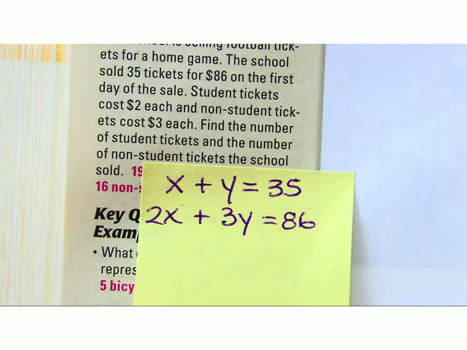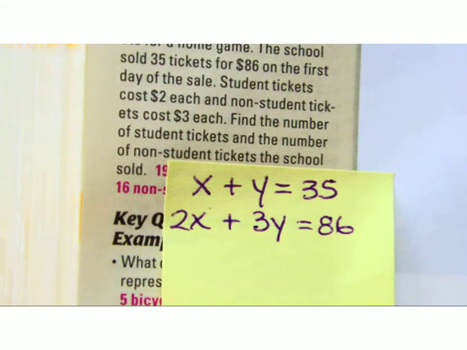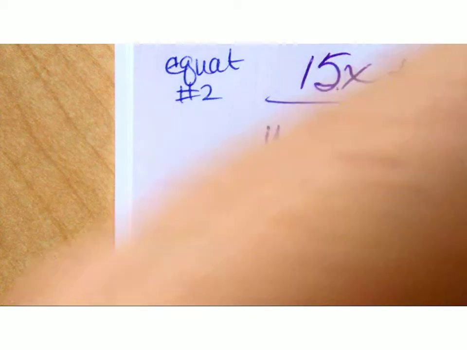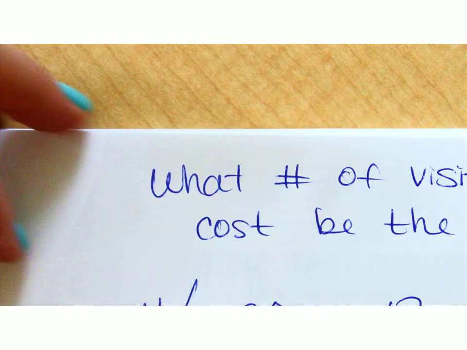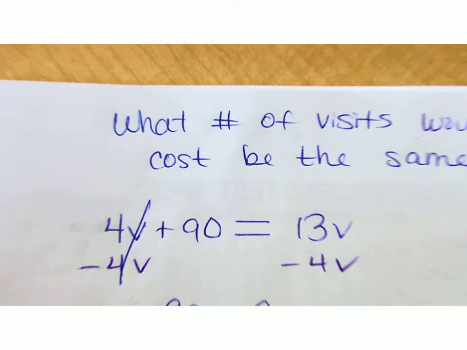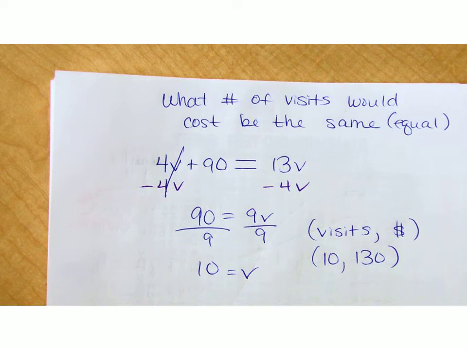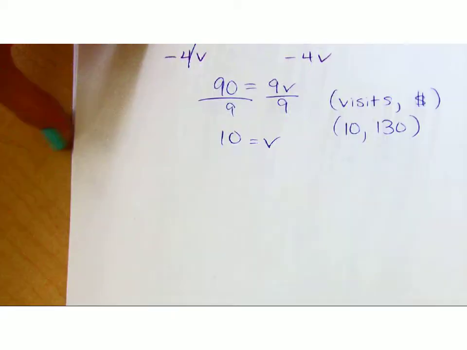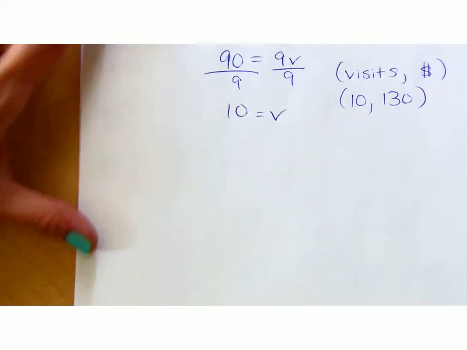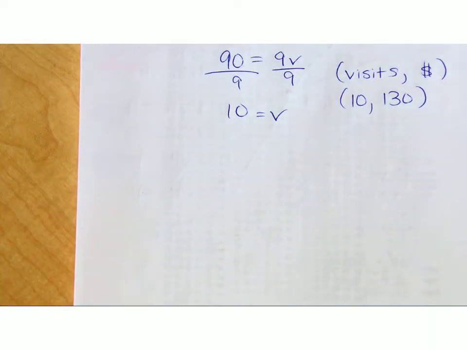All right, I realize I forgot to show you one thing in application problem number 1. So I want you to go back to this part. Sorry, where it says what number of visits would they equal the same? So 10 visits would equal, right? So sorry, shift your brain here a minute. What if your parent said to you at the beginning of the summer, I'm going to give you $135, and you can spend it on whatever summer activities you want.